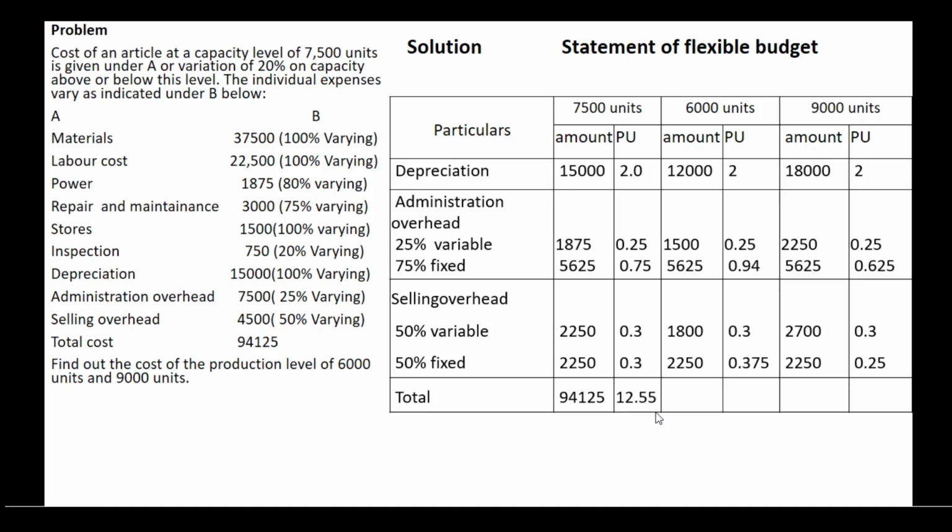Under the 6,000 units, the amount are 77,220 rupees. The cost per unit 12.875. So for the 9,000 units, the total amount are 1,11,030 rupees, and the cost per unit are 12.335. So this is the solution for this problem on flexible budget.